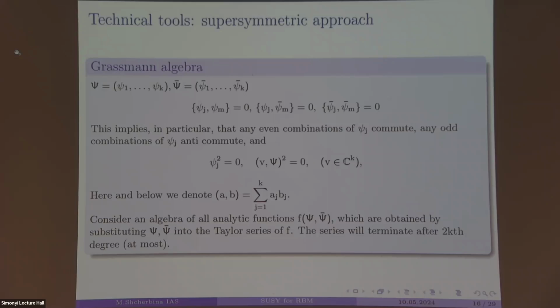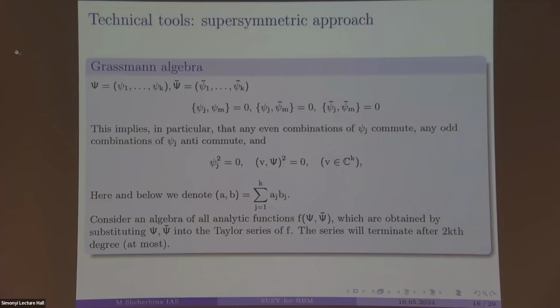Of course, the sum will terminate after some point because of this property, because the biggest power of psi is k, and also k for psi bar, so the series will terminate, so you have polynomials. And to have an algebra, you need also to say something about the order, because if you exchange the places, then the sign will change. So you need to set what is the correct order.